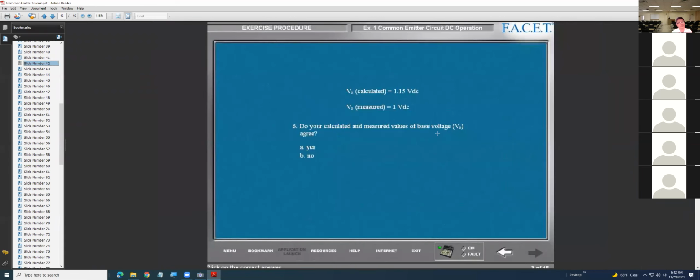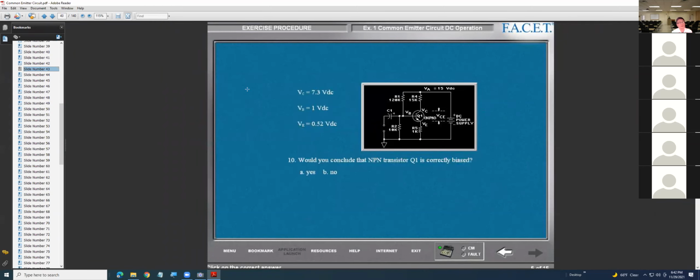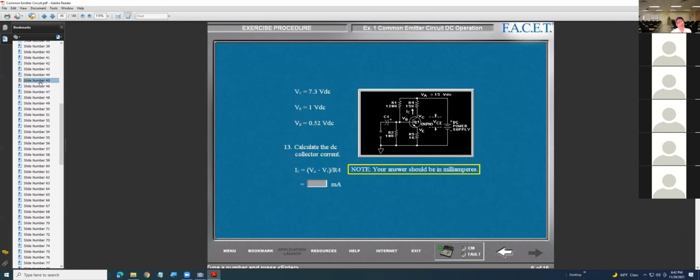Then whatever the question here, we don't care. So basically, they want to measure VA, VB, VC, VE, just to measure the voltage here.